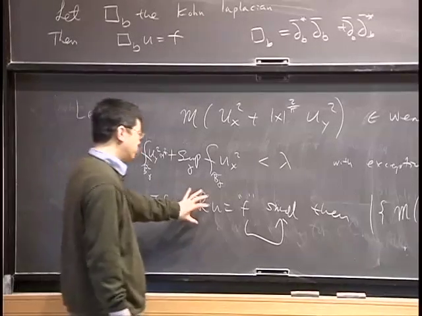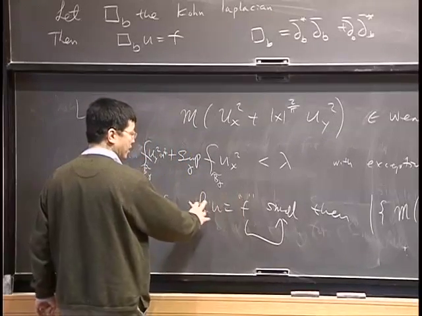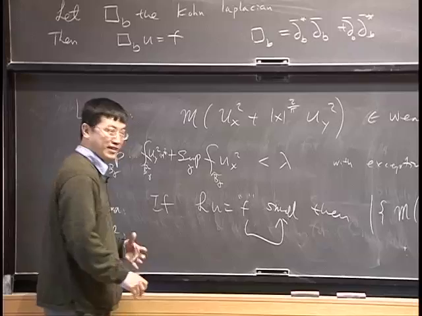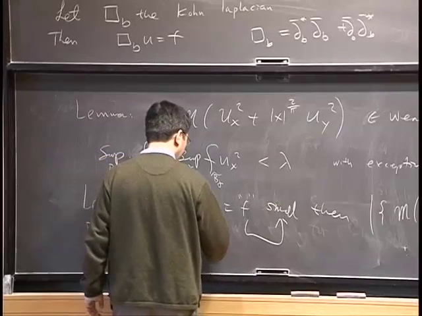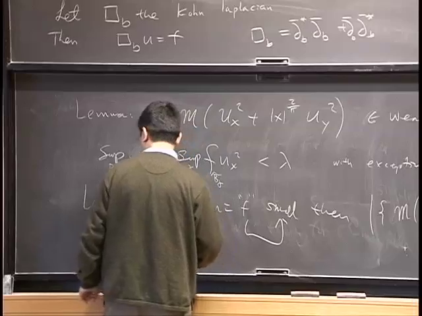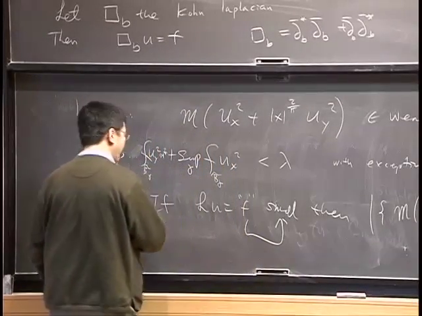So why this is true is that whenever you see it, a major chunk of the solution is nice. So let v solve, I mean I cannot do this, it's like you run a compactness argument.